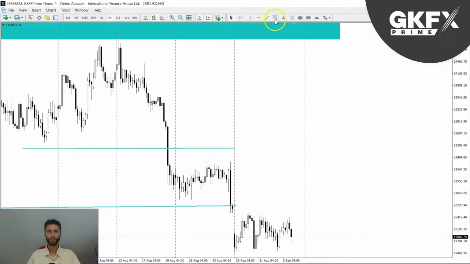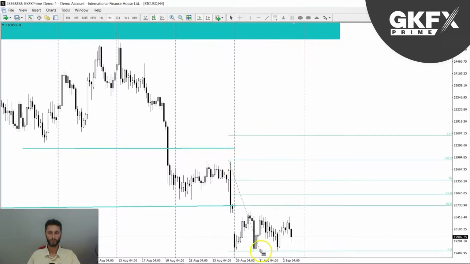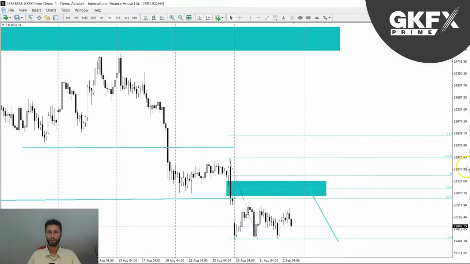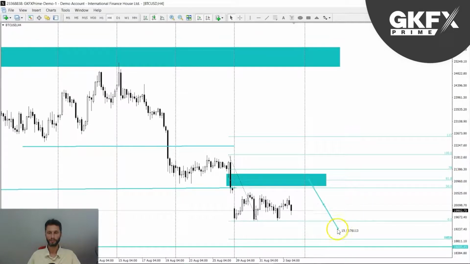Well, if I draw a fib from that high to the current low, then I can see that we've got this nice clear retracement area to look to. If the market reaches that, then we'll look for a high probability scenario that could happen to the downside.